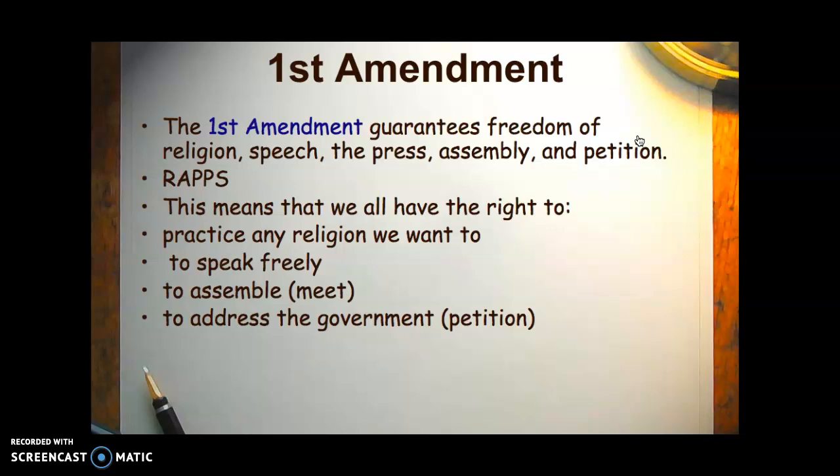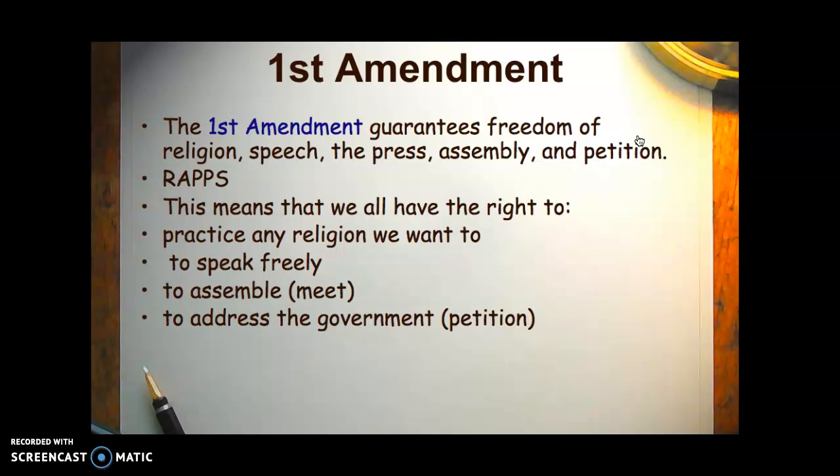If the government makes a law that you think is silly, is stupid, whatever, or unfair, you have the right to petition that government. So a petition means you want to complain about something, you want to bring attention to a bad law, and you need to get a certain amount of signatures from people that think the same as you, and then you present that petition to the local government, if it's local, to change something that they passed.